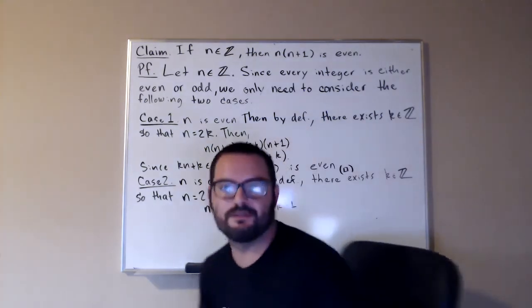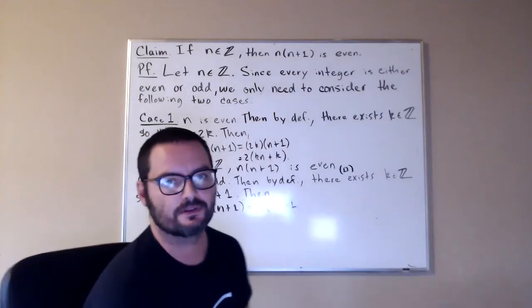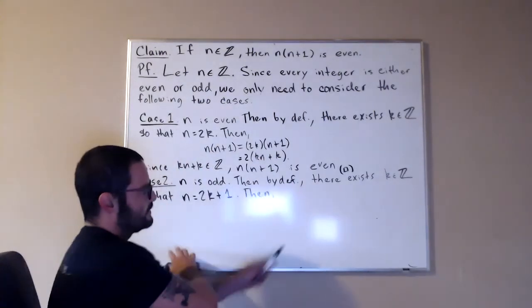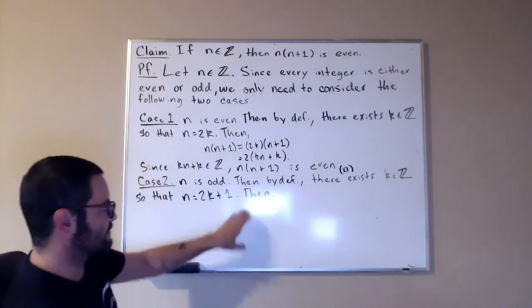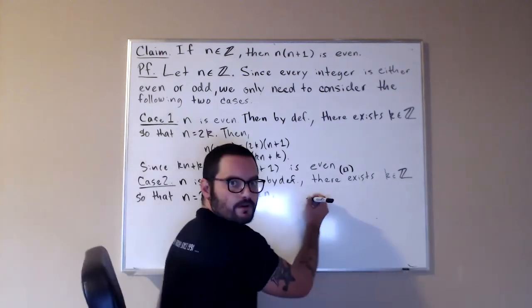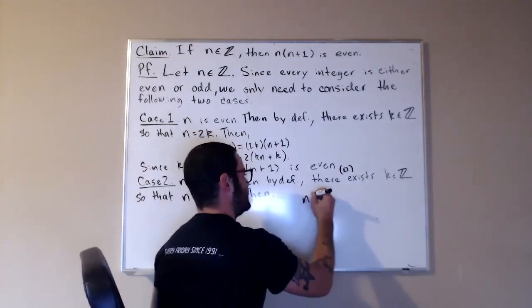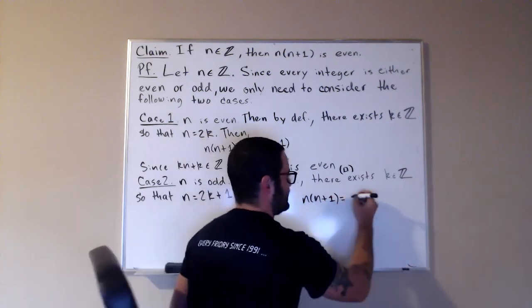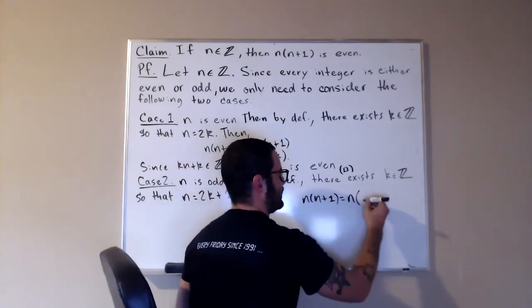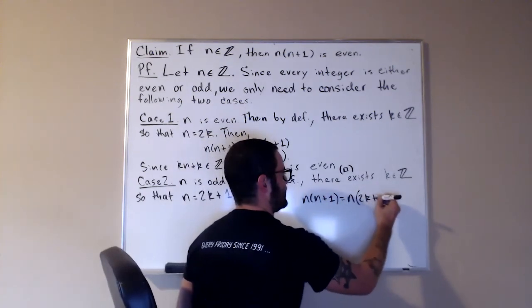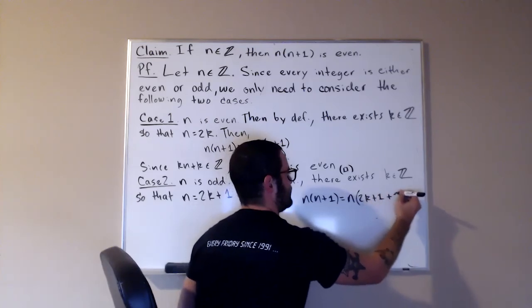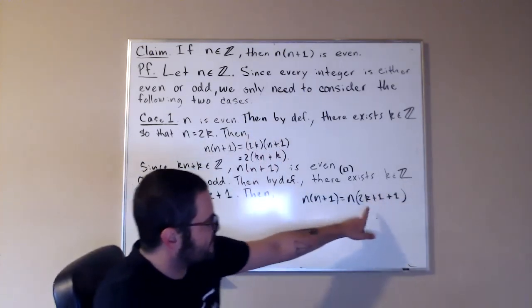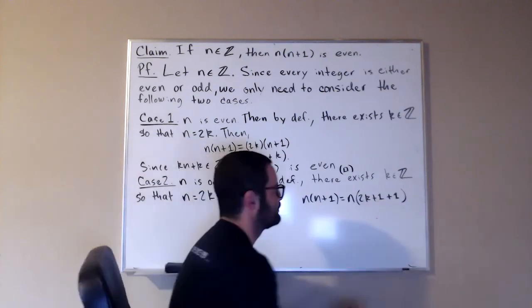Doesn't look like you can see that because of the glare, so I'll write it over here so you can see it, but technically it should be right here. So, n times n plus 1 is equal to n times 2k plus 1 plus 1. And so that n was replaced by that 2k plus 1.